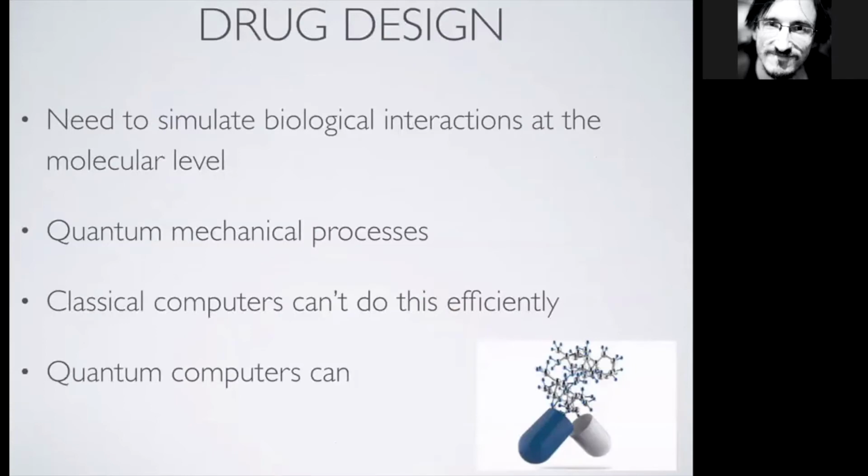Another one that people are talking about a lot is in things like drug design, where we want to simulate things like biological interactions, but way down at the molecular level.